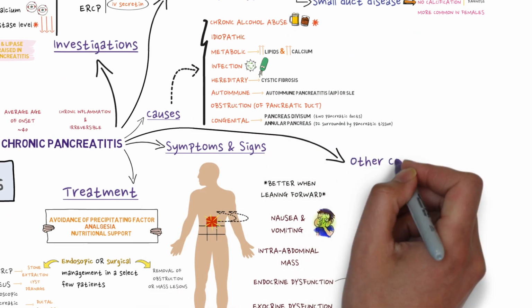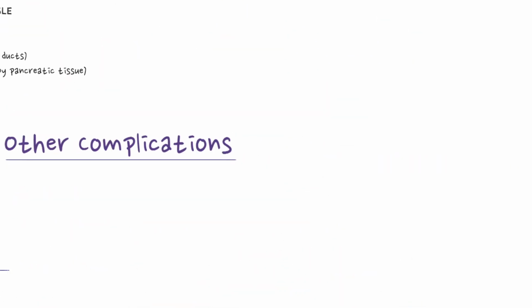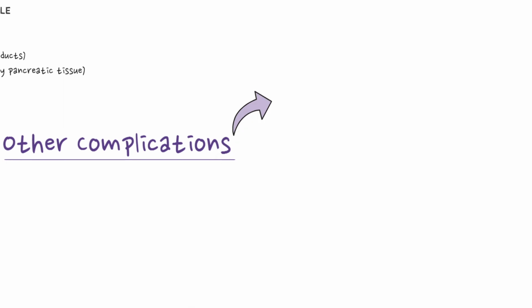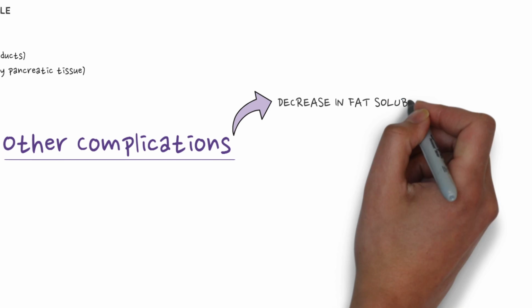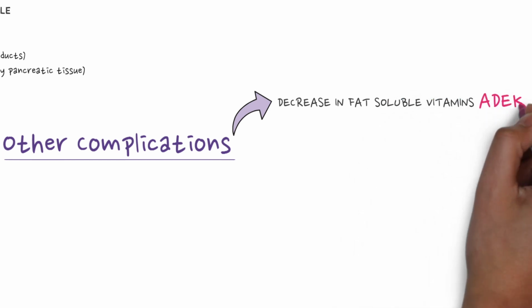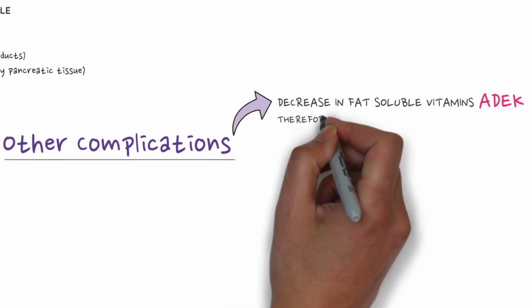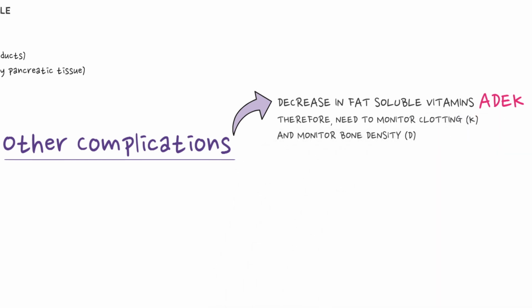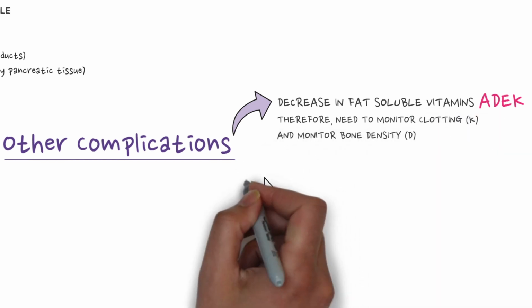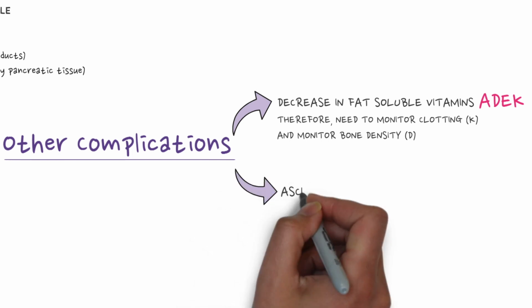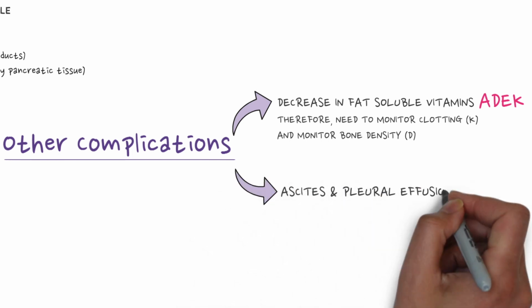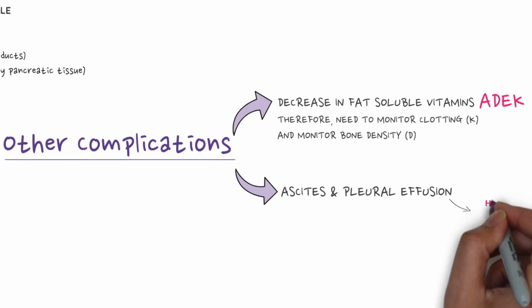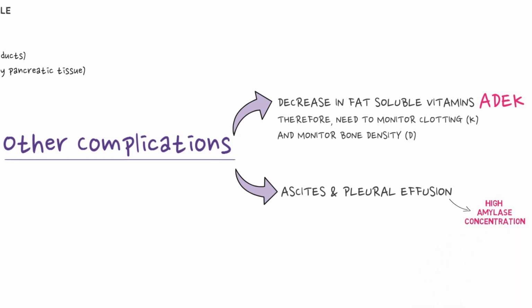Looking now at complications and general prognosis, alongside the previously mentioned endocrine and exocrine complications, the malabsorption results in a decrease in the fat-soluble vitamins A, D, E, and K. Therefore, blood clotting needs to be monitored, as well as bone density. Pancreatitis is also associated with fluid accumulation, which can occur in the form of ascites or pleural effusion, both of which would have a high amylase concentration.